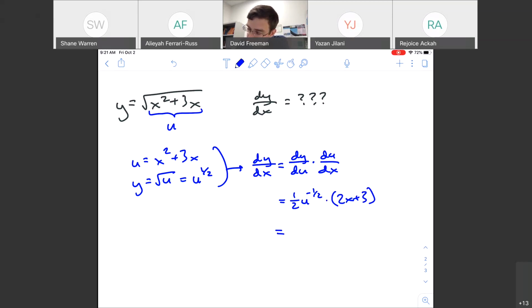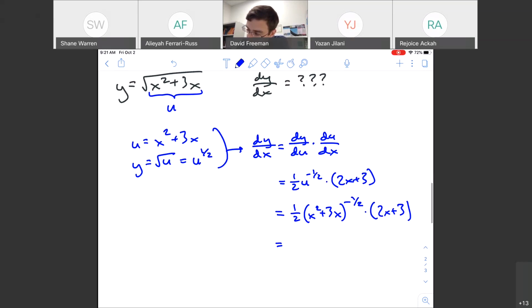Going back to the x variable, we get 1/2 times x squared plus 3x to the negative 1/2 times 2x plus 3, which we could simplify to 2x plus 3 over 2 times the square root of x squared plus 3x.